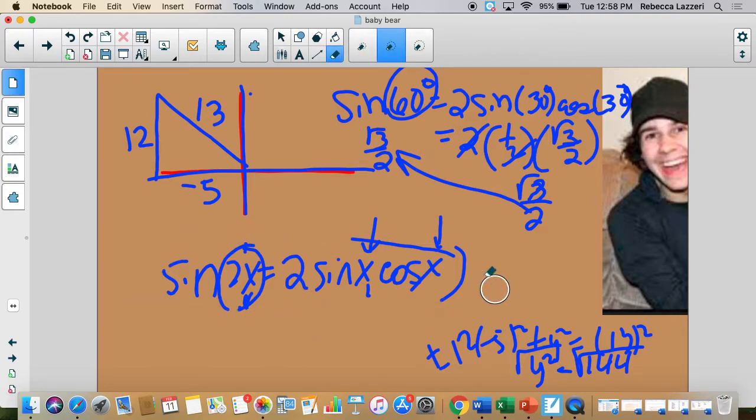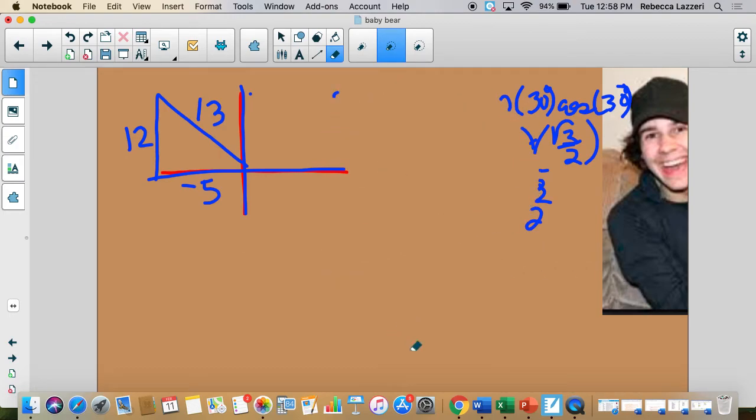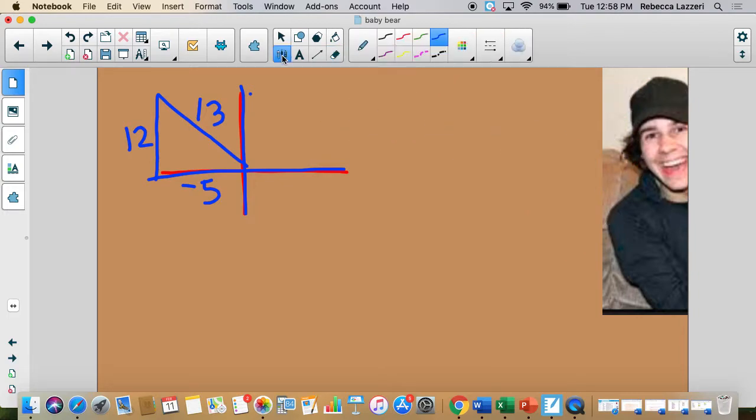So number 4, on sine 2x, and get out your calculators, please. It's a window into what we're gonna be doing today anyway. All right, so, on number 4, sine 2x is 2 sine x cosine x.